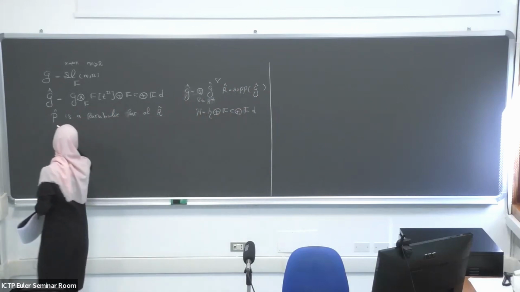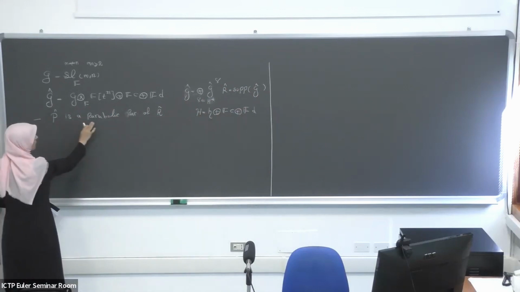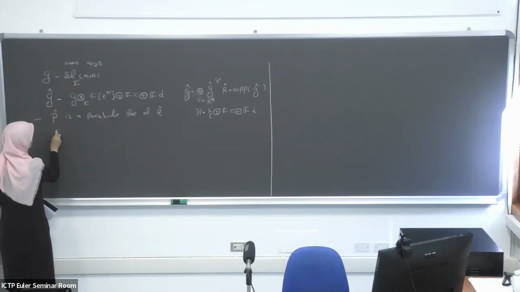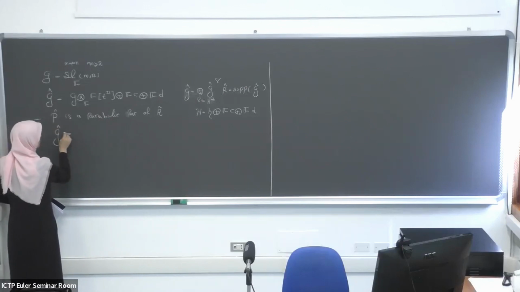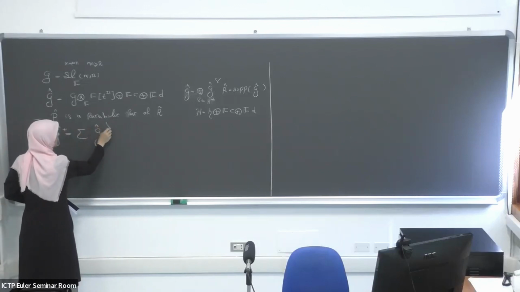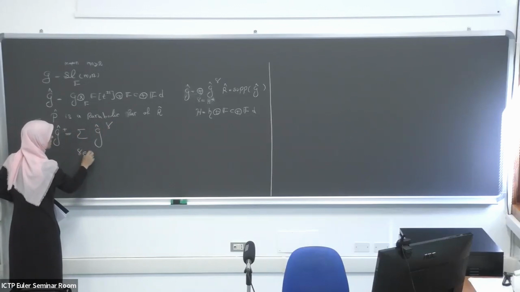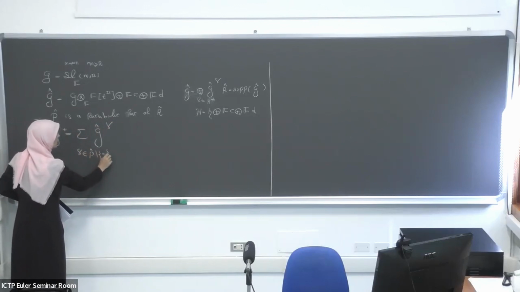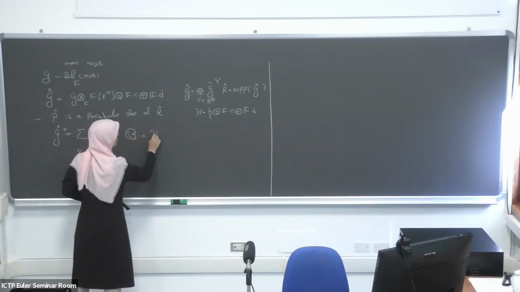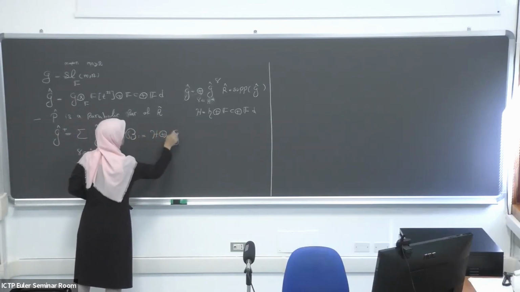And P hat, we took P hat to be a parabolic partition of R hat. And then we formed G hat plus, which was G hat gamma, where gamma is an element of P hat minus 0, and then we put B to be H direct sum G hat plus.